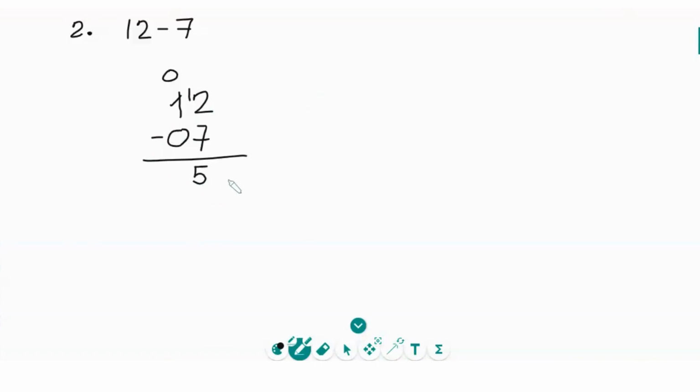So we're going to add 5 to 7 to check if we end up getting 12. So here we have 5 plus 7. That will give us 12. So that means our final answer is 5.